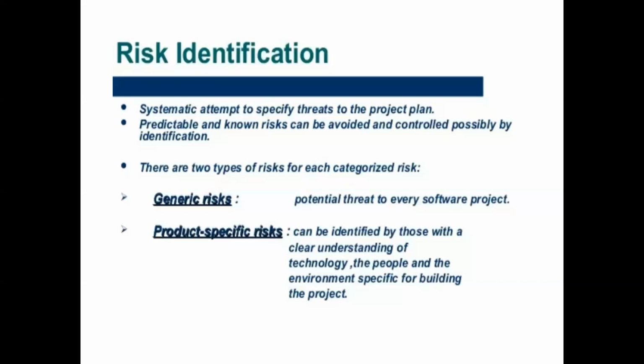And if only the coding phase, if this risk arises, then I should list it out. This is called product specific. Fine, everyone fine? So how can we identify that risk? One way is generic risk, that means you should identify the overall risk. The second one is product specific, that means if you are working on a particular phase, what are the risks you can identify? That is the product specific risk.